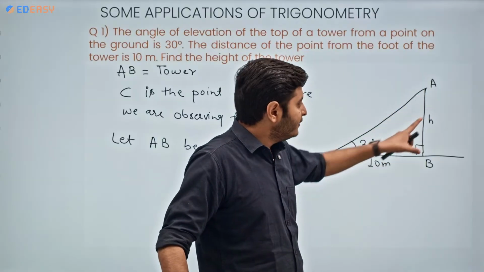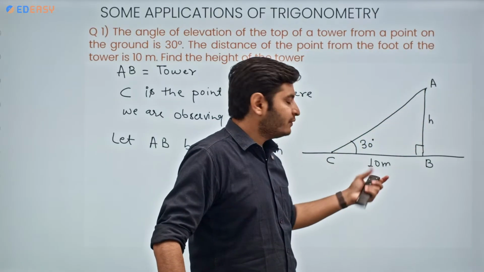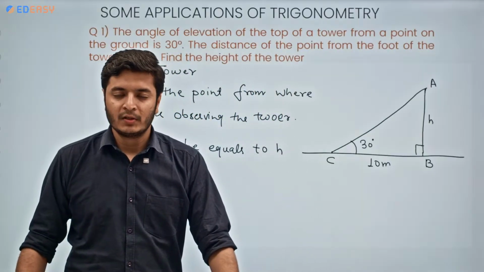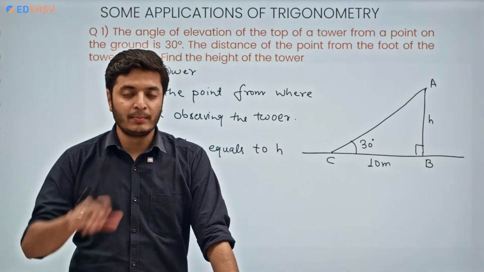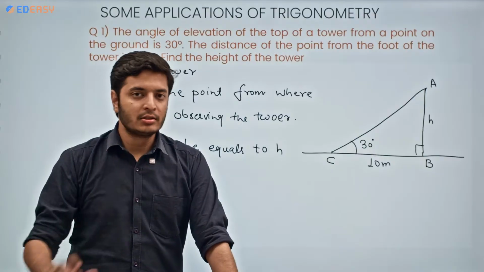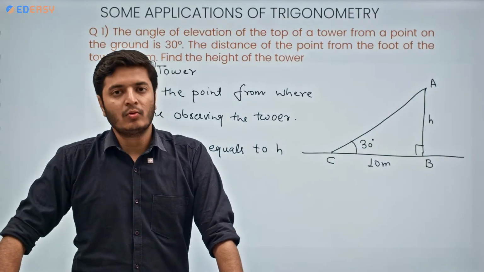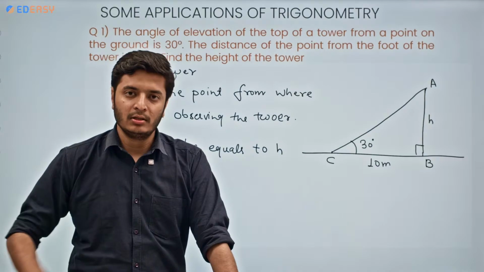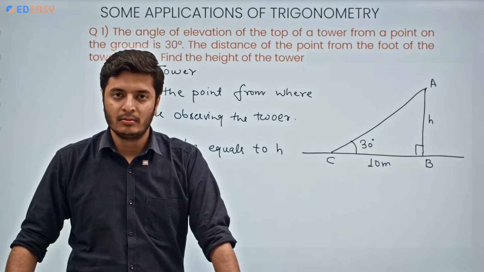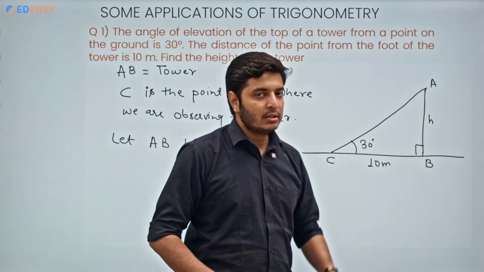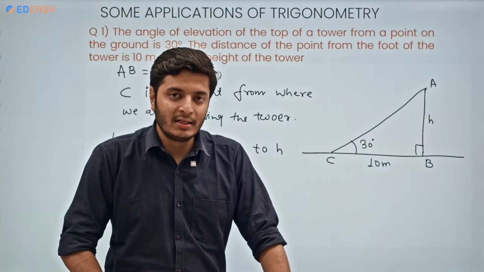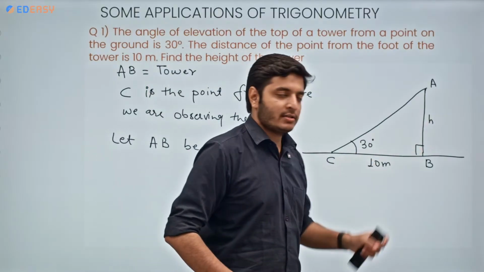We need to find the value of perpendicular. We are given the value of base. So we can use the ratio which has a relationship between perpendicular and base. Which trigonometric ratio deals with perpendicular and base? Tan theta, correct? So we can use tan 30 degree and then find the value of H.